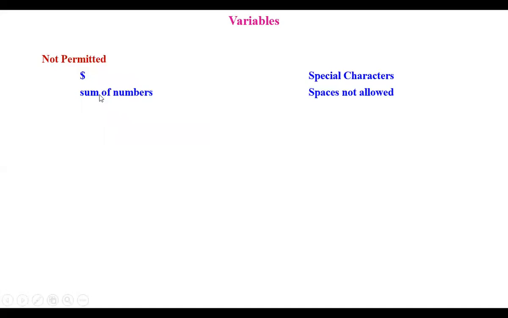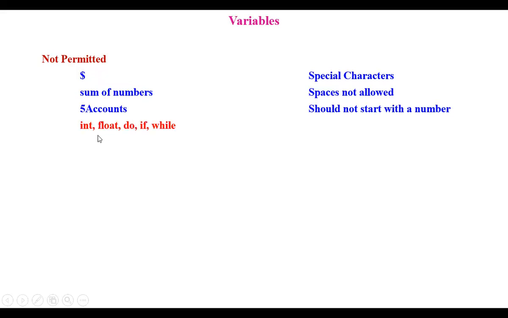But it has spaces. Spaces are not allowed. If you want to have the same thing, you just have an underscore here, that is allowed then. Next. It should not start with a number. You can have accounts 5 or accounts 1, account 2, account 10, but not with a number in the beginning. Suppose if you want to have these 5 accounts, you can write FIVE5, but not a number.